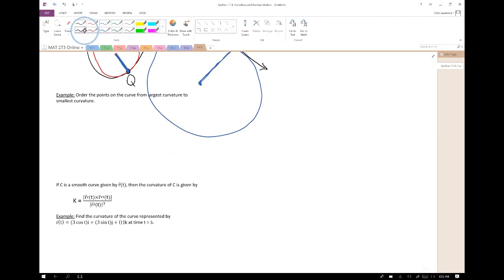So let's see if we understand this concept. We are going to try to compare the curvature at different points on this graph.